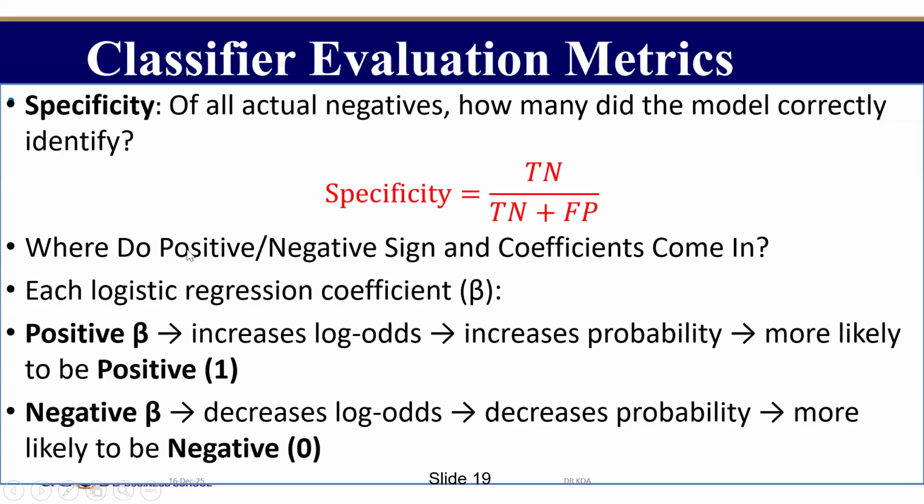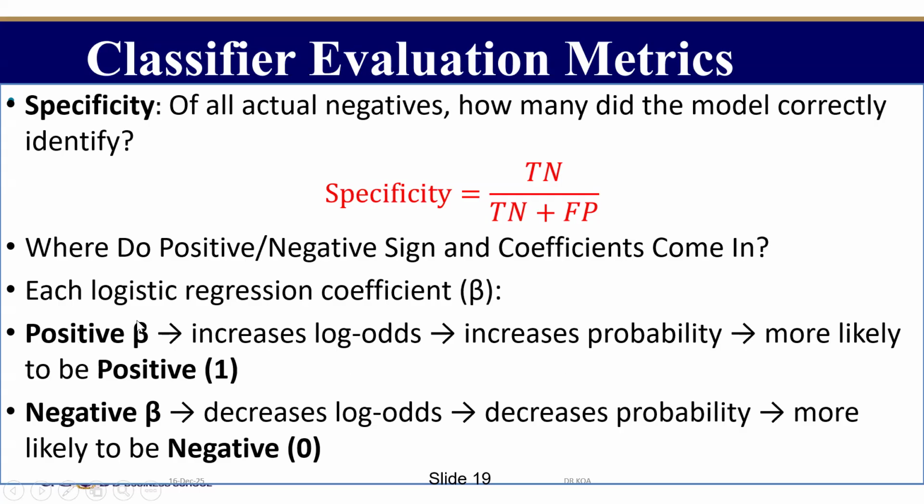Where do positive or negative signs and coefficients come in? Every logistic regression will have a coefficient. A positive coefficient will increase the log of the odds, and once you find the log of the odds, you can find the probability because they're connected. So it will increase the probability, which means it's more likely to be positive.